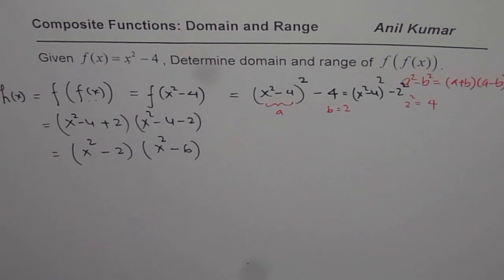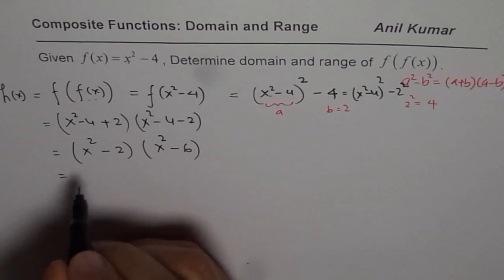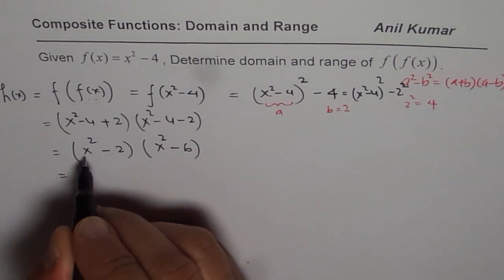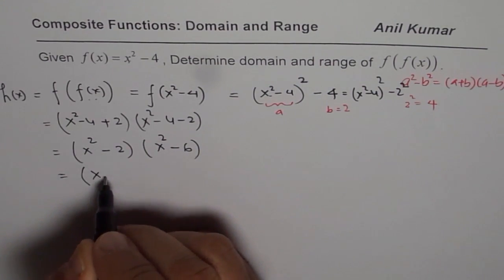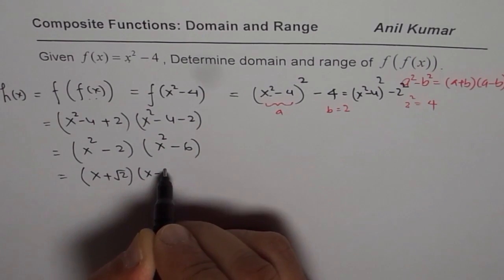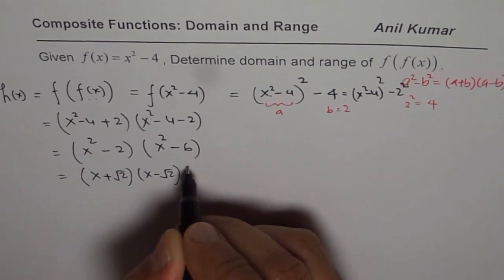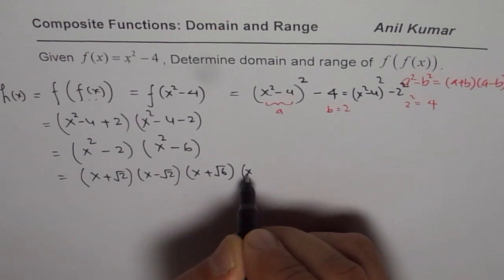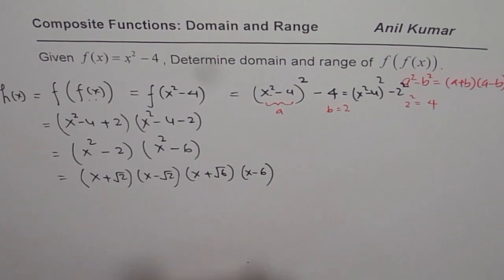And if I write the x-intercepts, it has roots, and you can say this is x plus square root 2 times x minus square root 2, and this is x plus square root of 6 times x minus square root of 6. Correct? That is one thing.